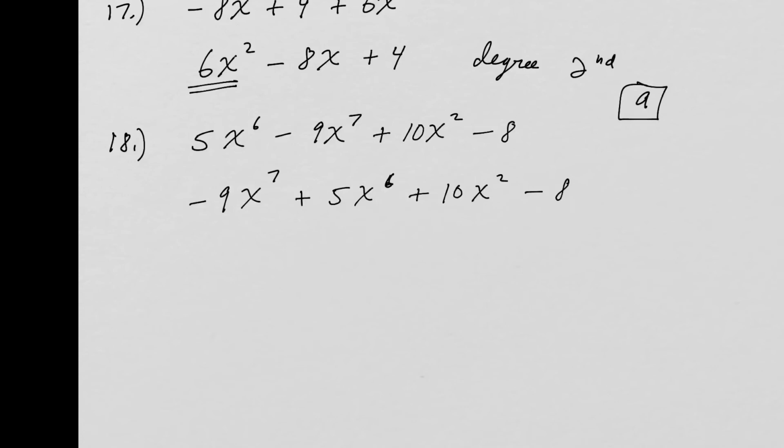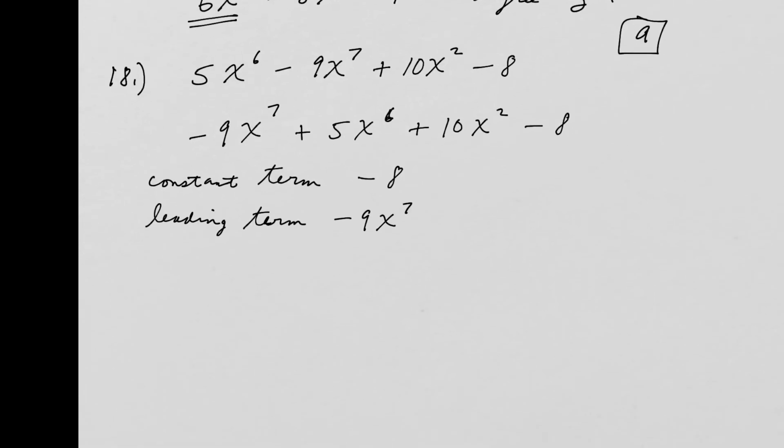Actually, they want the constant term first. Let's do this in the correct order. Constant term, so that's just a negative 8, right? That's the constant term. Then they want the leading term, that's negative 9x to the 7th.